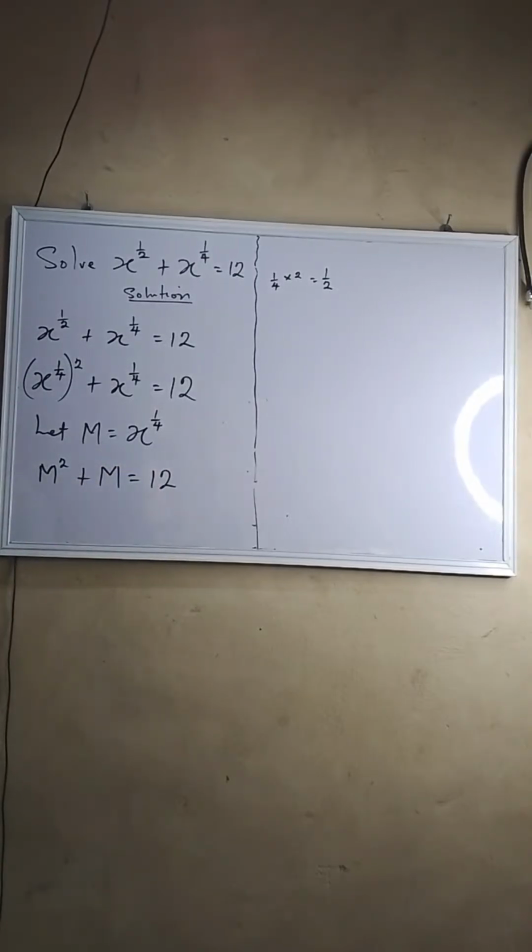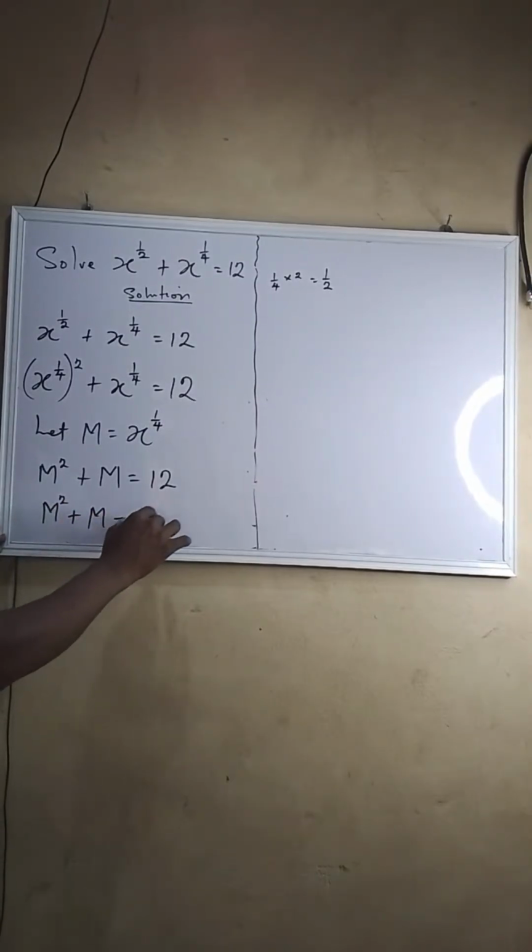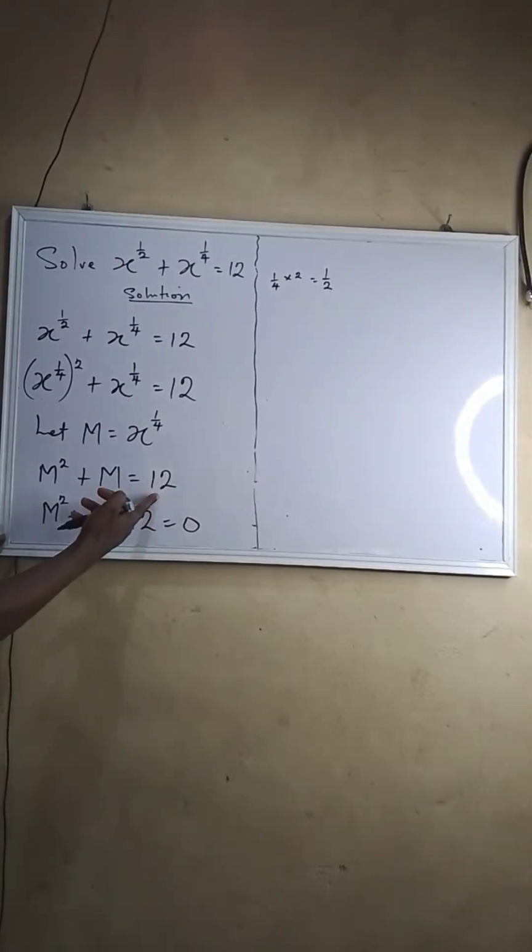But can you see that now? What we have here is a quadratic equation. So I just need to solve this. So I have m squared plus m minus 12 equals 0. You transpose this, so once it comes here, the sign changes.